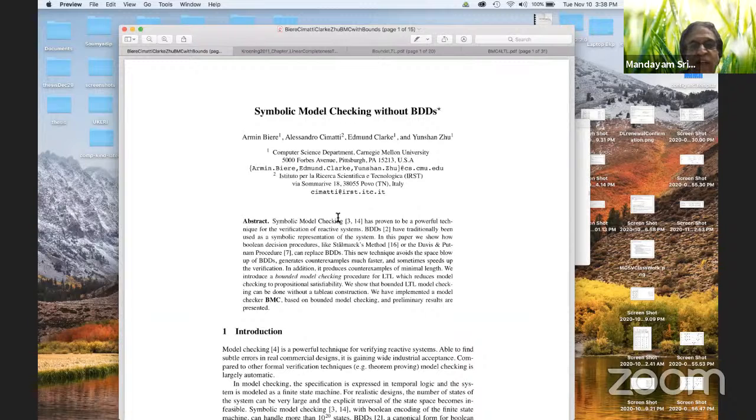Until then, the most popular model checking method was one based on BDDs. And this was the first application of symbolic model checking without BDDs. Biere was credited for that. He did this work while he was at CMU, working with Edmund Clarke, who's credited, with a couple of other people, with having discovered symbolic model checking.